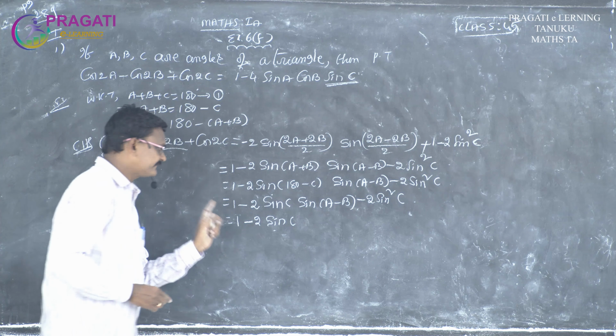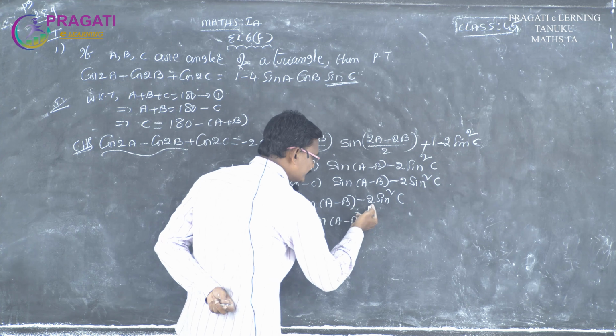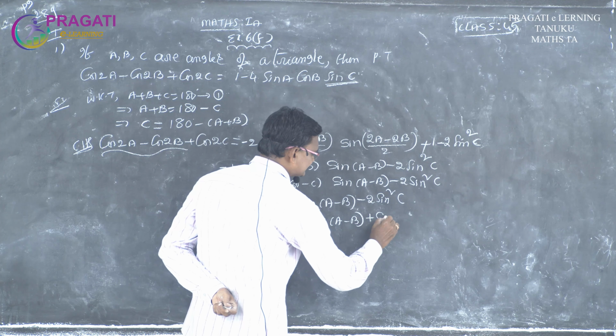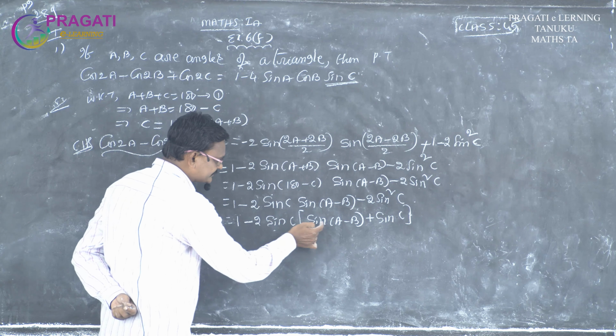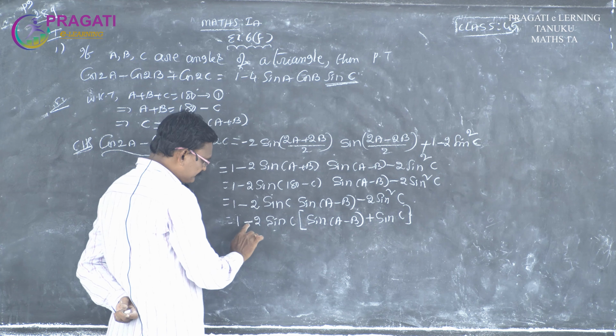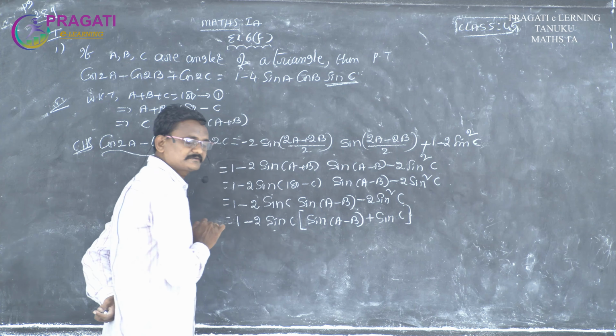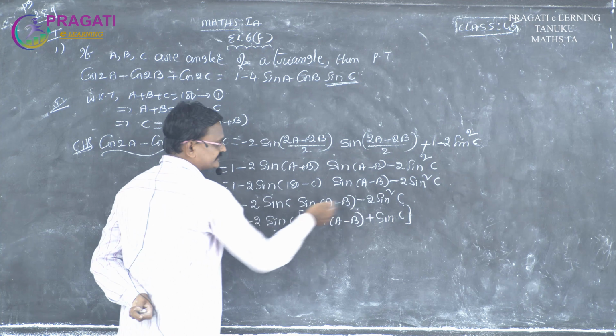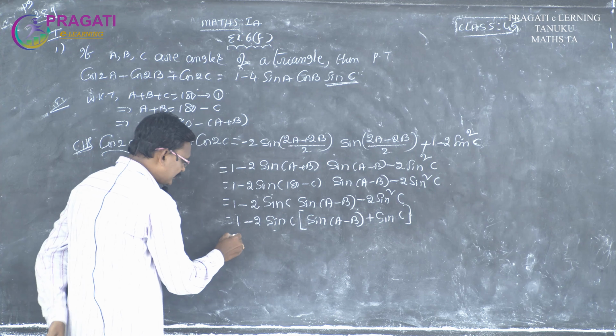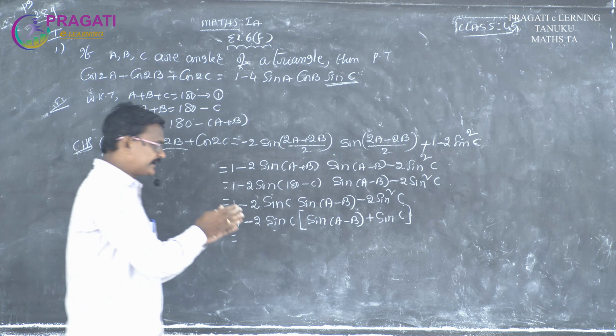Then the remaining terms are sin (A minus B), then 2 is already common, plus sin C. And once again you can verify whether it is correct or wrong: minus into plus is minus, 2 sin C into sin C, so 2 sin square C. Okay, it is clear. So now, like in the previous problem, in the brackets this angle is in terms of A and B, and this angle is C. That angle C should be converted into terms of A and B.